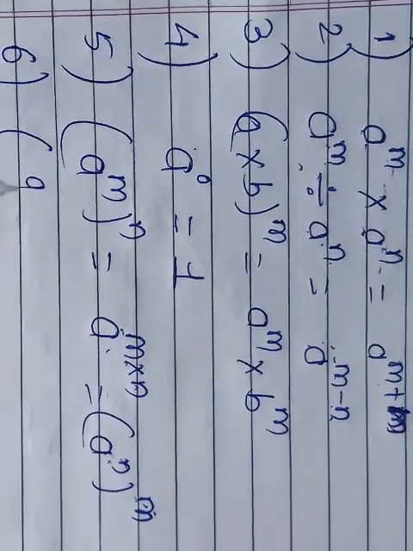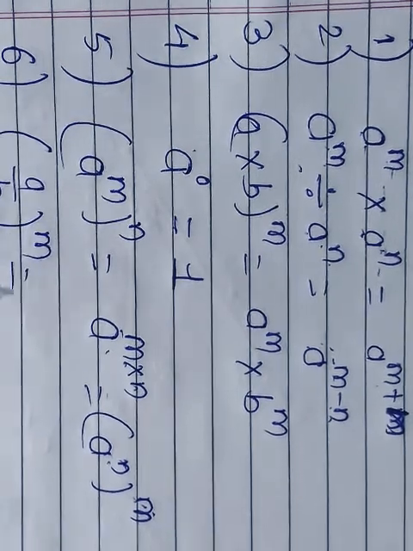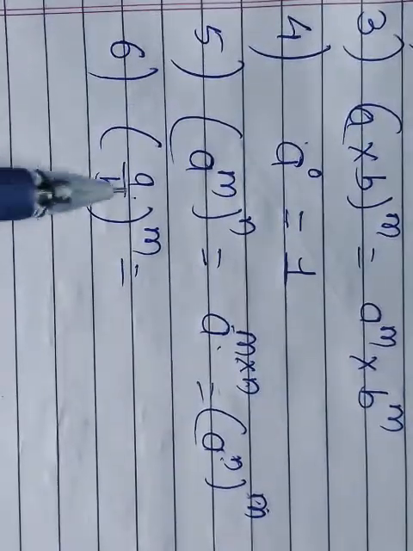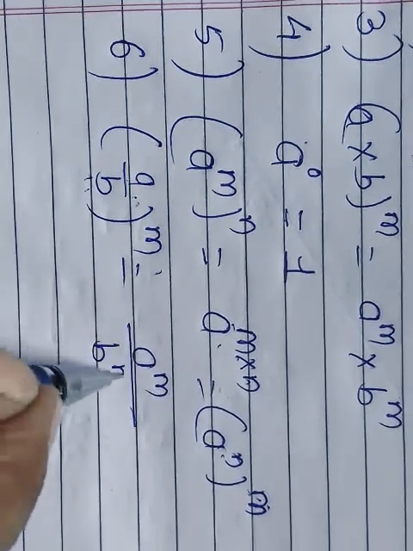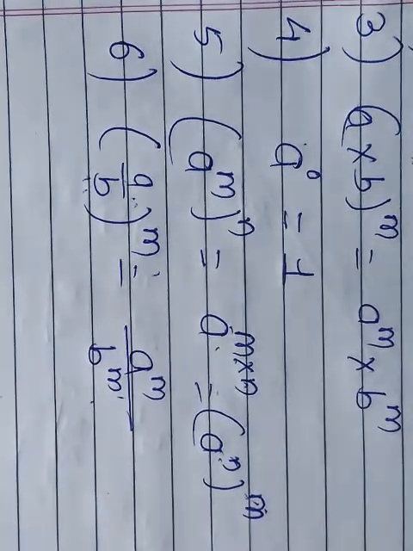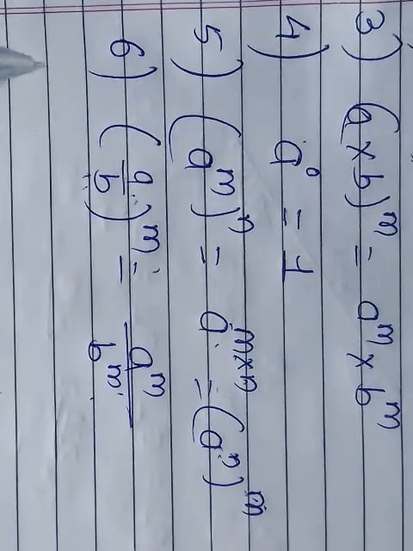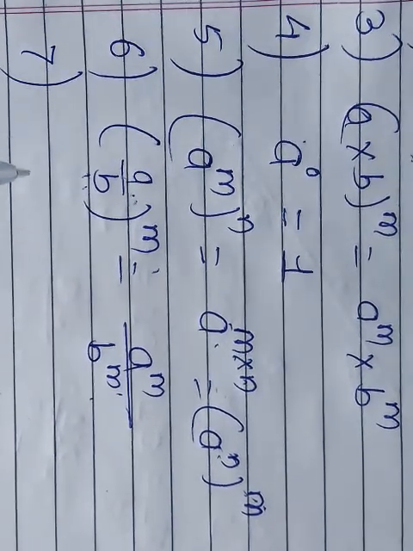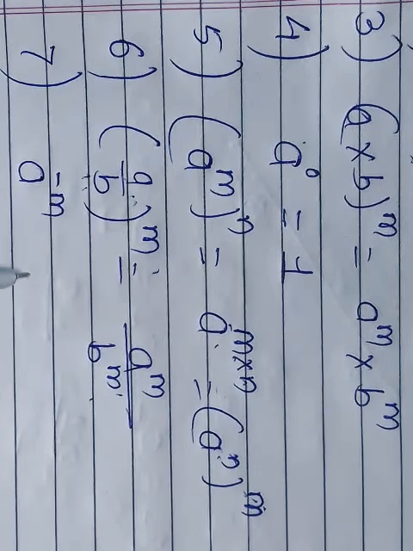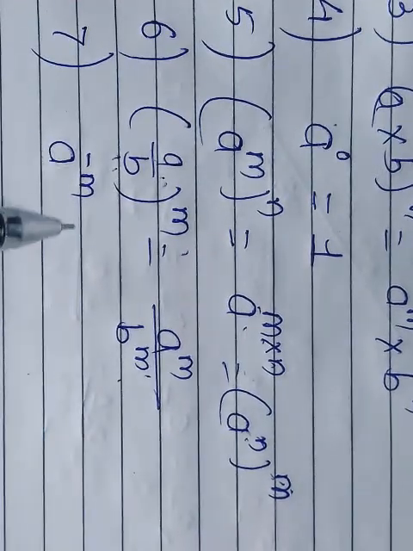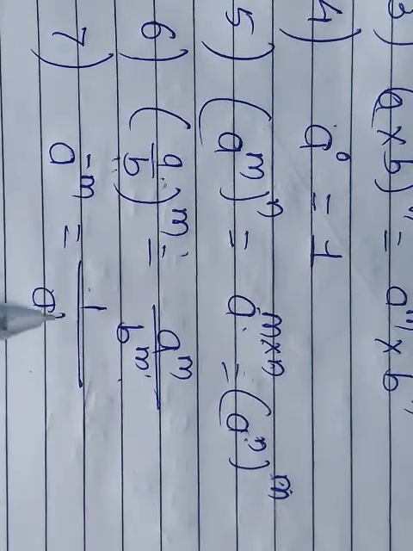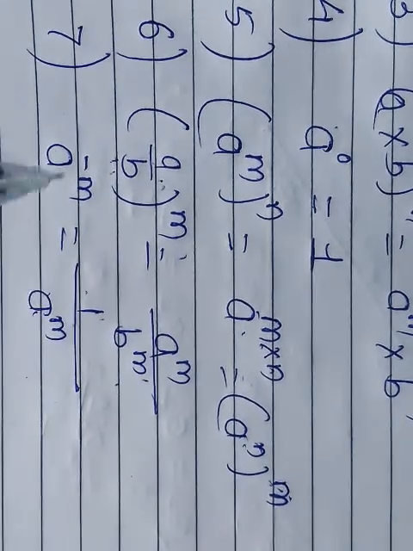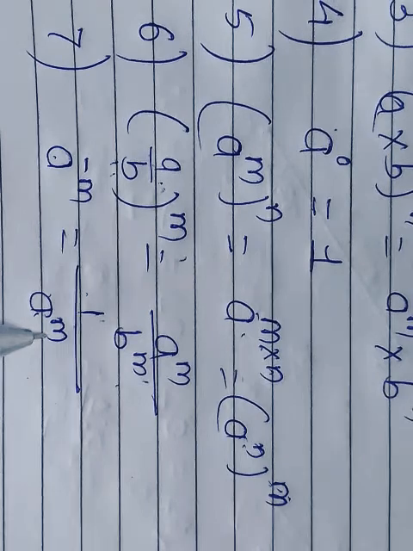Now next one, a upon b whole raised to n. If there is division between the two numbers, then you can write a raised to m upon b raised to m. Like that you can split up the index. Now next, a raised to minus m: if a negative index is there, you can make it positive by taking 1 upon a raised to m.